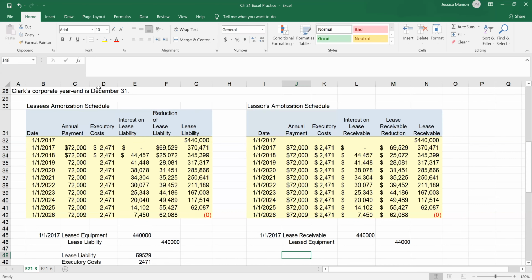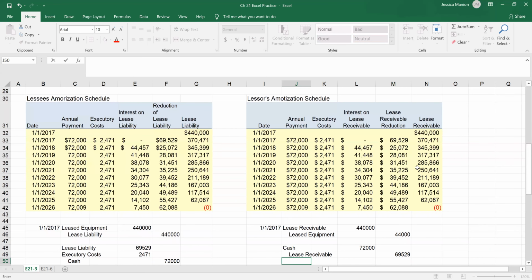And then we have to record the payment. And so for the payment, we're debiting cash, 72,000. Crediting lease receivable for the amount of our reduction, which again, our first payment, 69,529.